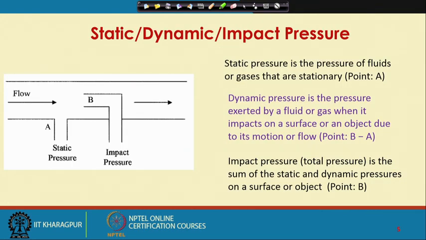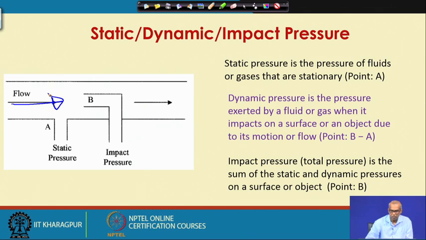We will also define 3 more terms known as static pressure, dynamic pressure and impact pressure. Static pressure is the pressure of fluids or gases that are stationary. So, imagine a fluid is flowing through this pipe.